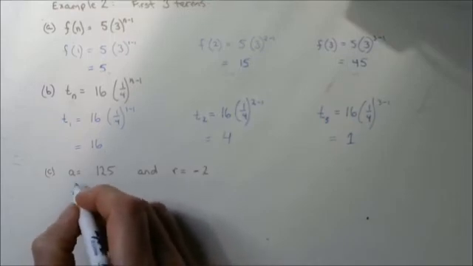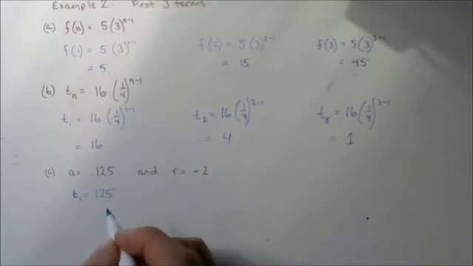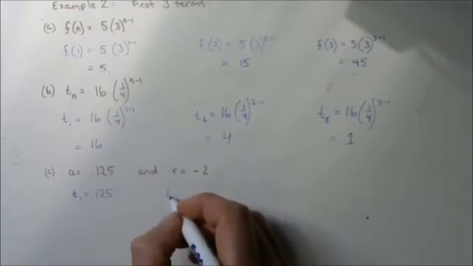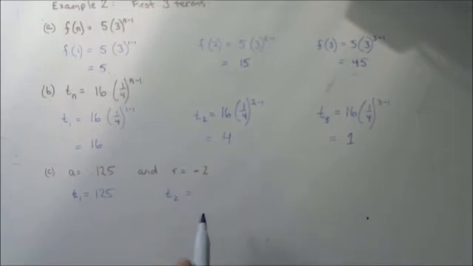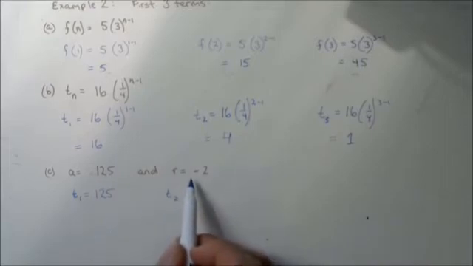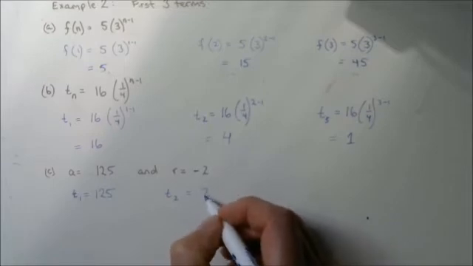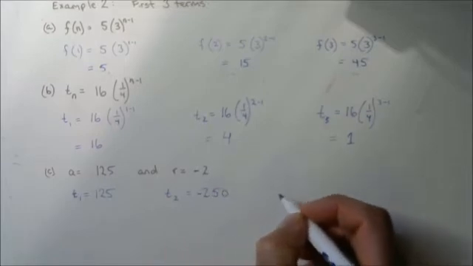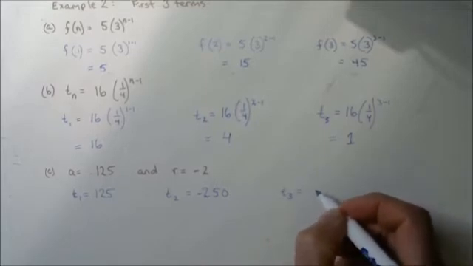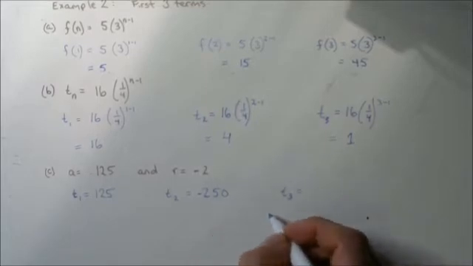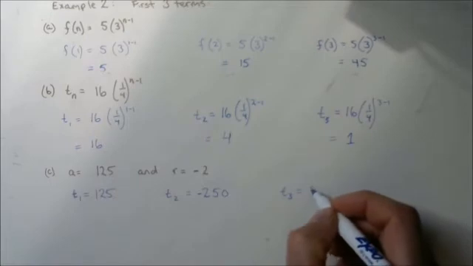A is the first term, so the first term is 125. And then how do I get from the first term to the second term? Well, I simply multiply by -2. So this is going to be -250. Term 3 is going to be, again, take term 2, multiply by -2. You're going to have 500.